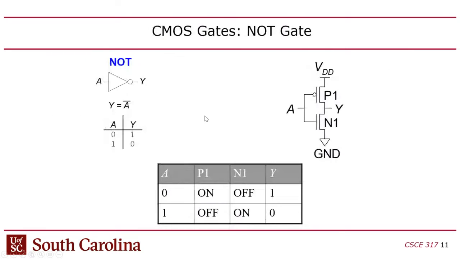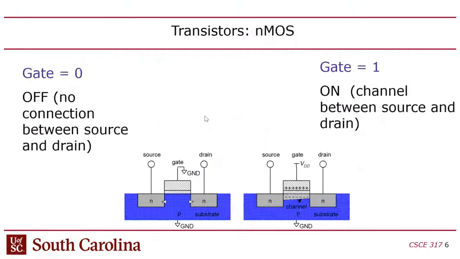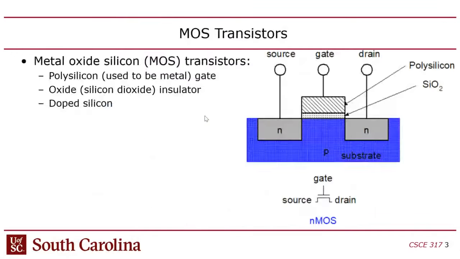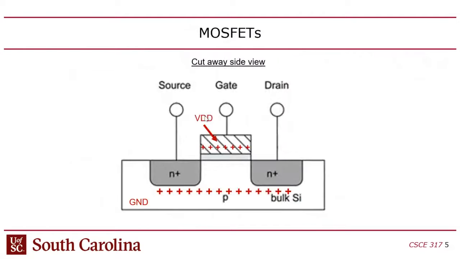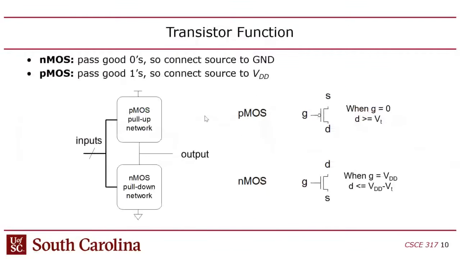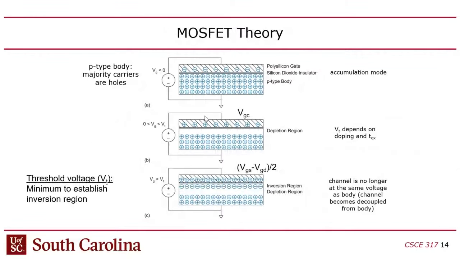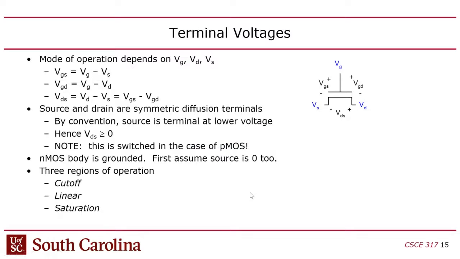Let me go back again. Oh, sorry, where's that picture of the inversion region? I like that picture. Once the inversion region is established, then the gate voltage is relative to the source terminal.